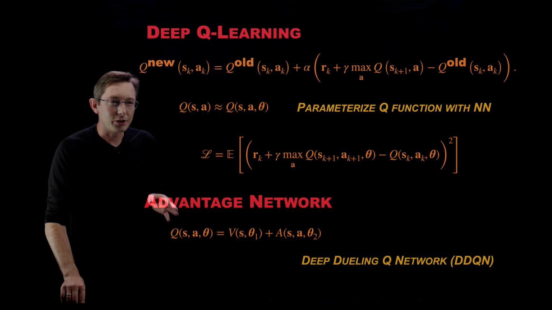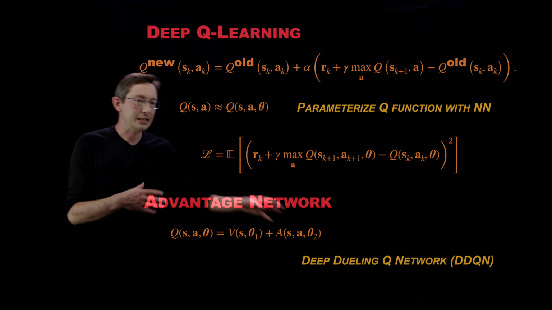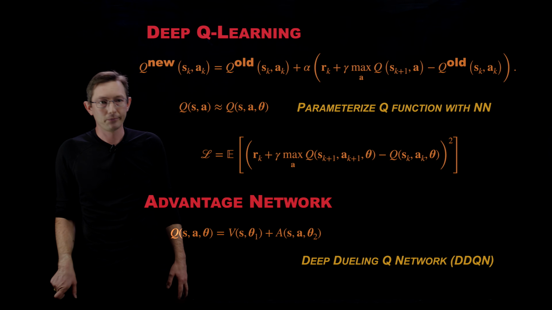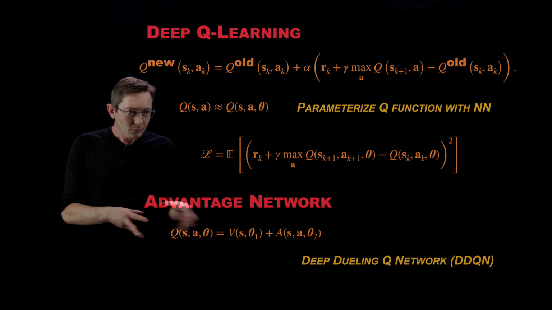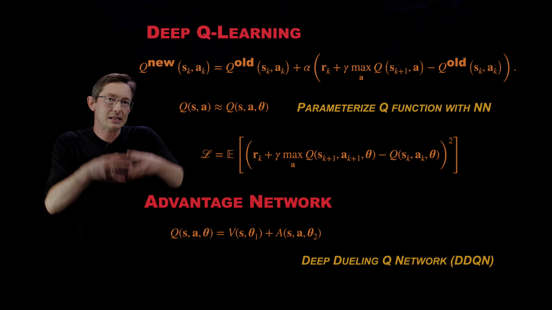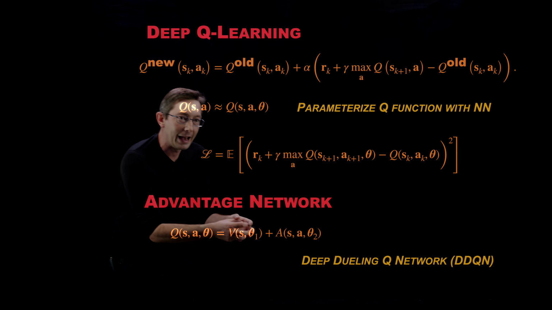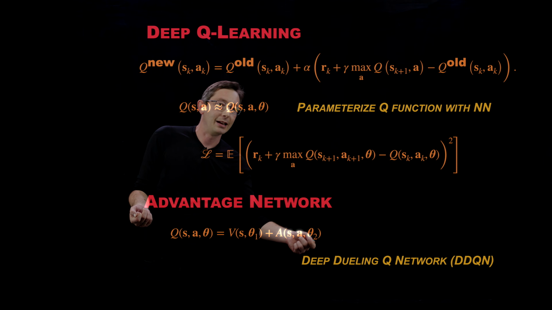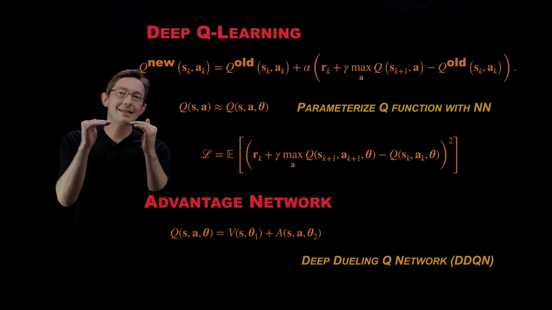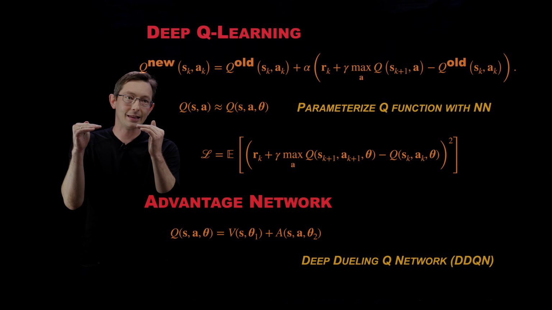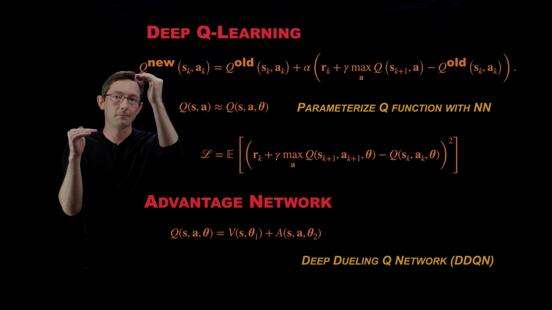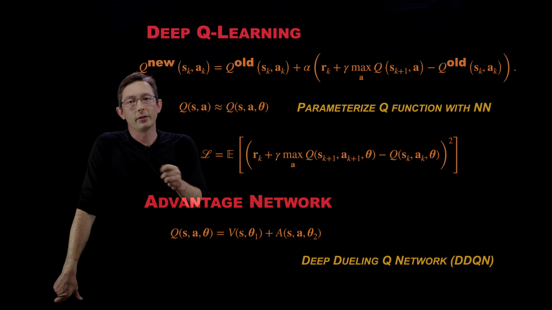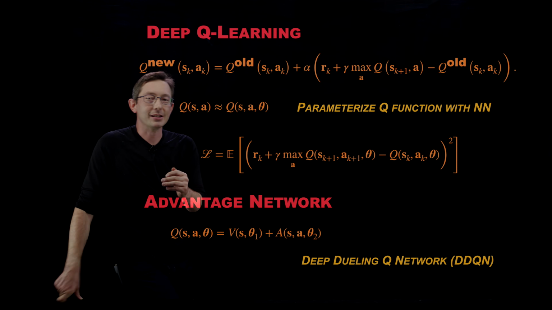And there's a variation of this that I really like called dueling deep Q networks, DDQN, which takes your quality function and splits it into two networks: a value network, which is just a function of the current state, and an advantage network, which says what is the advantage, over just the value of being in that state, of taking an action A. So this is a good architecture when the difference in quality for different actions is very subtle.